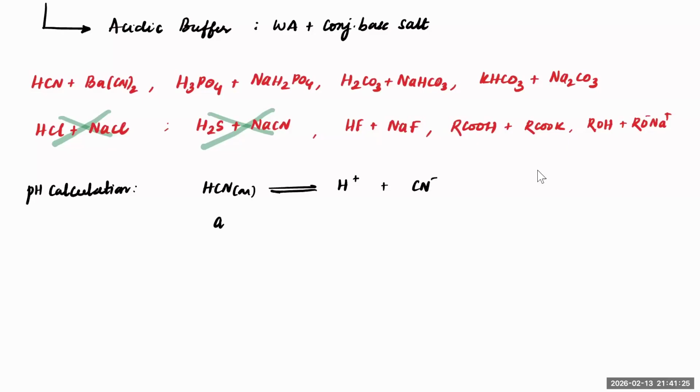So if this is a concentration A initially, and now you say some X amount is lost here, X amount has formed here. But what if you already have barium cyanide here, which is giving Ba2 plus and 2CN minus. If this is the salt concentration, so this will become S and 2S, correct?